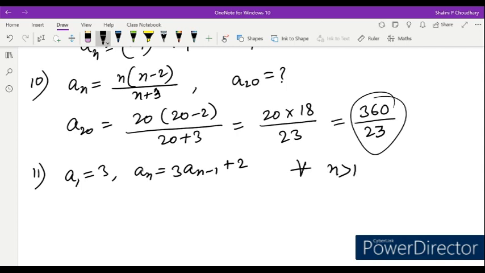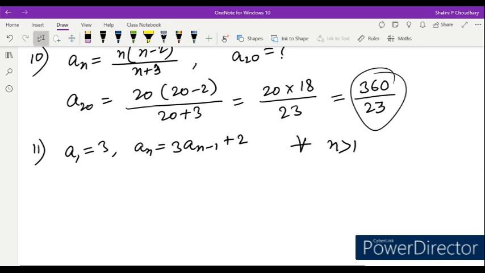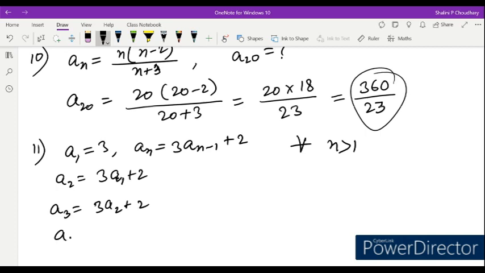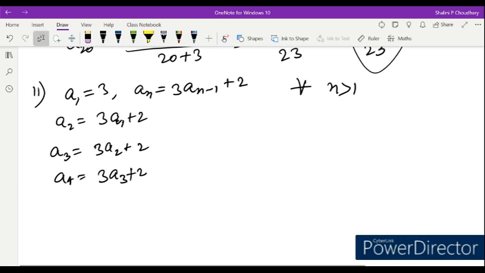So a1 and an are given, we have to find out the first 5 terms of the series. So a2 will be equal to 3 into a1 plus 2. a3 will be equal to 3 into a2 plus 2. a4 will be equal to 3 into a3 plus 2. a5 will be equal to 3a4 plus 2.